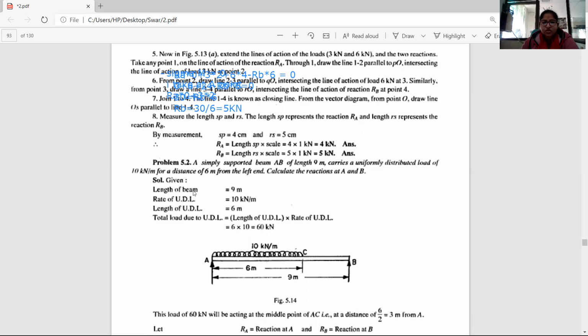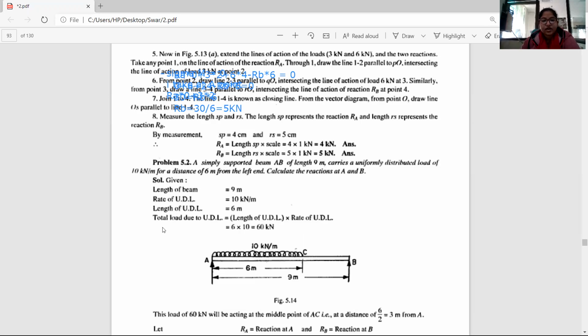The length of the beam I have is 9 meter. The intensity of this load is 10 kilonewton per meter. The UDL is applied on a 6 meter length. Then my total load due to UDL is the length of UDL multiplied by the rate of UDL.